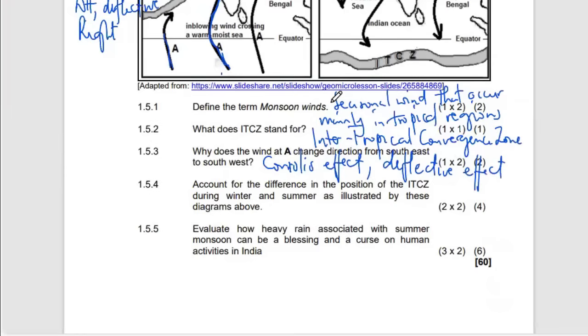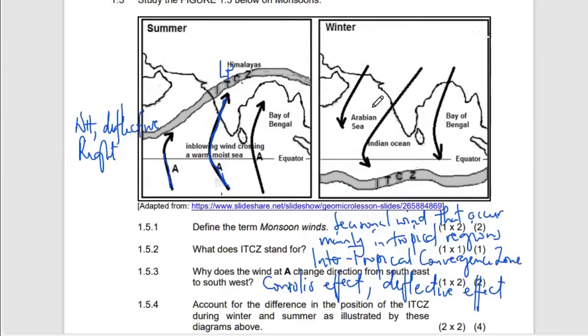Right. Account for the difference in the position of the ITCZ during winter and summer as illustrated by these diagrams above. So why does the ITCZ change position? It's here during summer, and in winter, it's here. Our equator, we can see it's here, which is our 0 degrees.